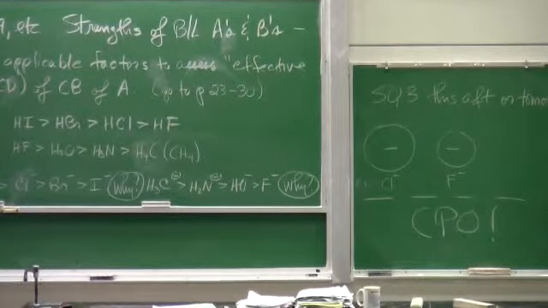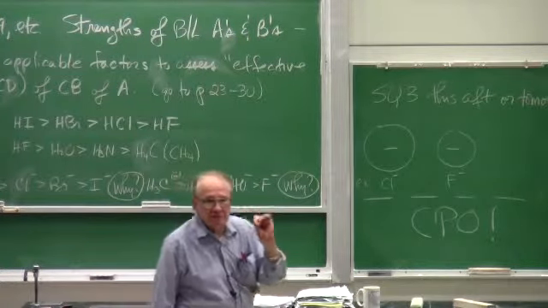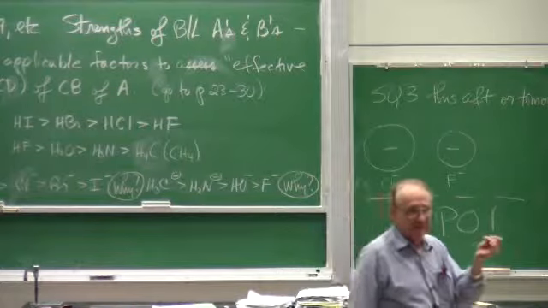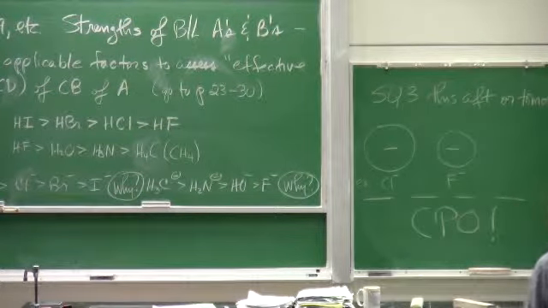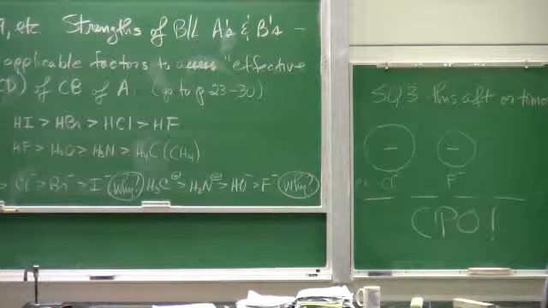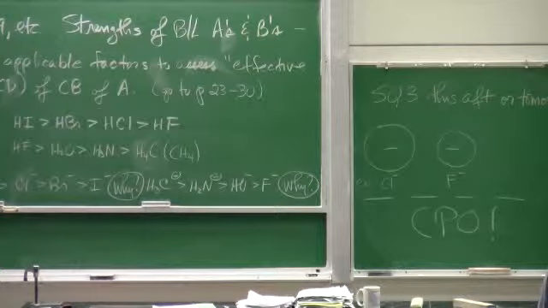Now, in addition to this, how about trends in electronegativity? Do you remember what electronegativity is? Electronegativity is really a measure of Z effective. So if you know what Z effective is, you know what electronegativity is. Electronegativity, practically speaking, is a measure of the ability of an atom in the bound state, unless it's a monatomic species.